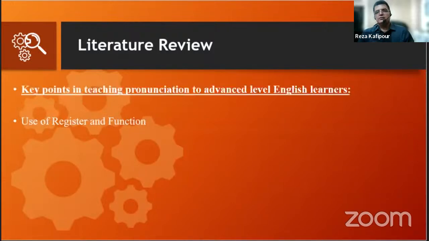Now let's switch to advanced level English learners. Improving pronunciation through a focus on stress and intonation is one of the best ways to help higher intermediate to advanced level learners.